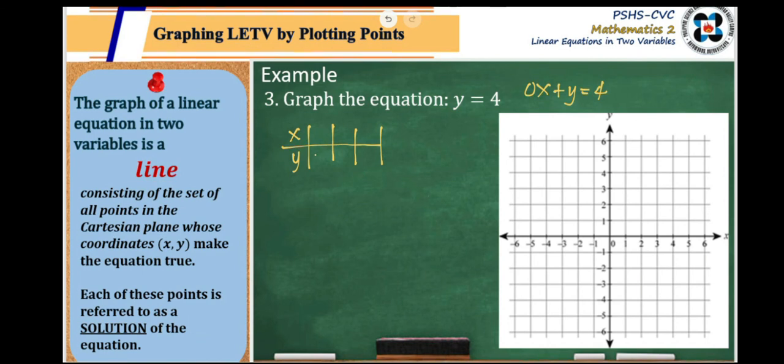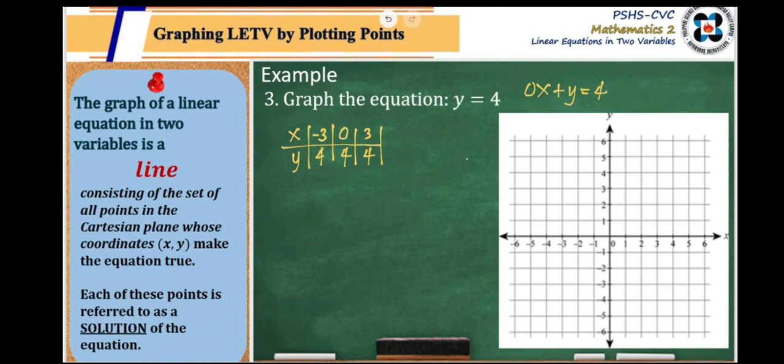So for example, if we choose negative 3 as the value for x, then the corresponding value for y is 4. Similarly, when x is 0, y is also equal to 4. And then when x is 3, y will still be equal to 4.